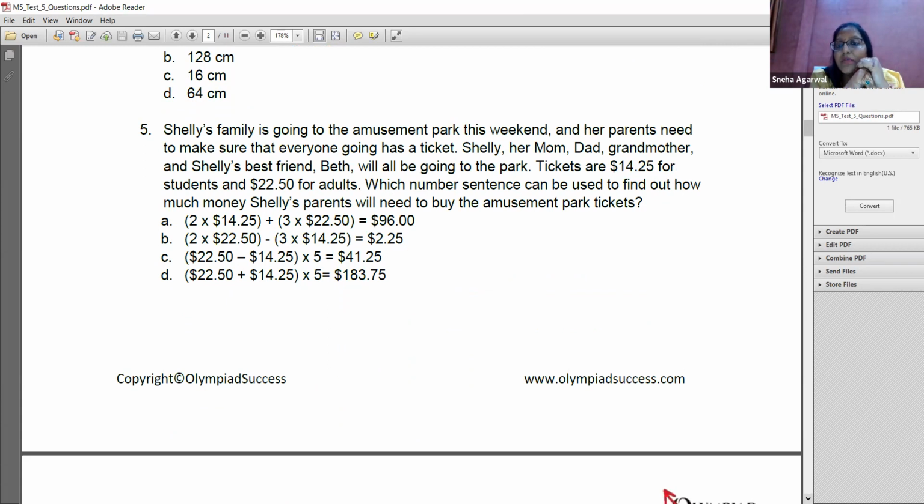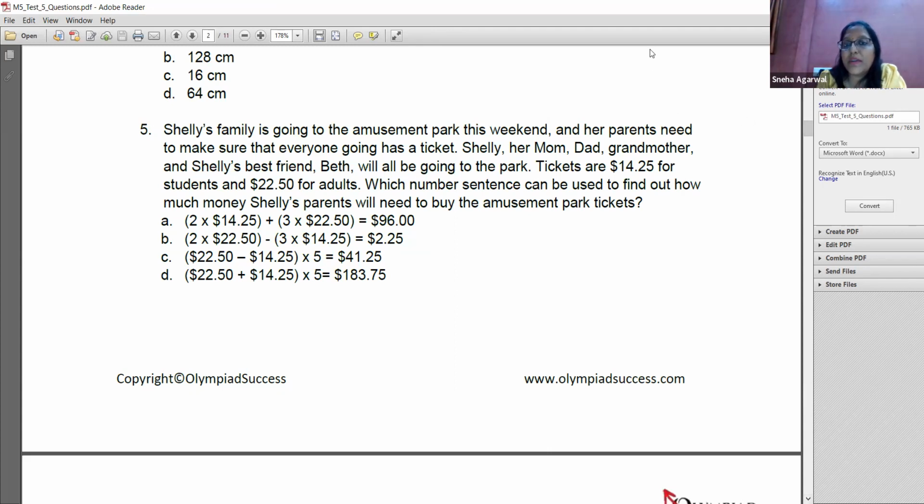Tickets are $14.25 for students and $22.50 for adults. Which number sentence can be used to find out how much money Shelly's parents will need to buy the amusement park tickets? Okay, they don't want the final answer, they just want the number sentence.